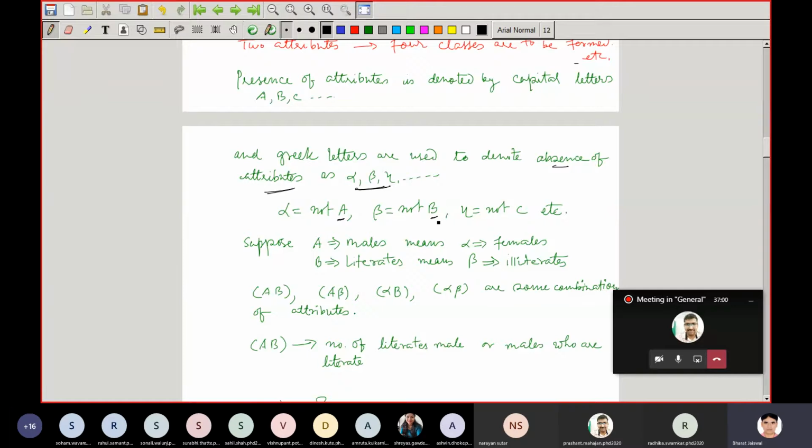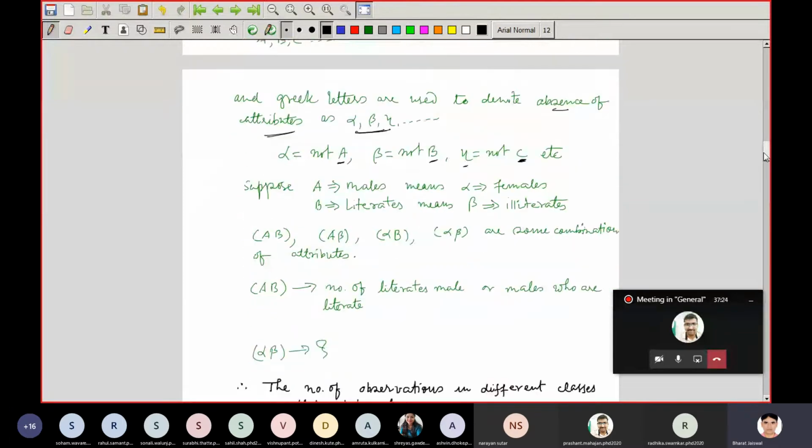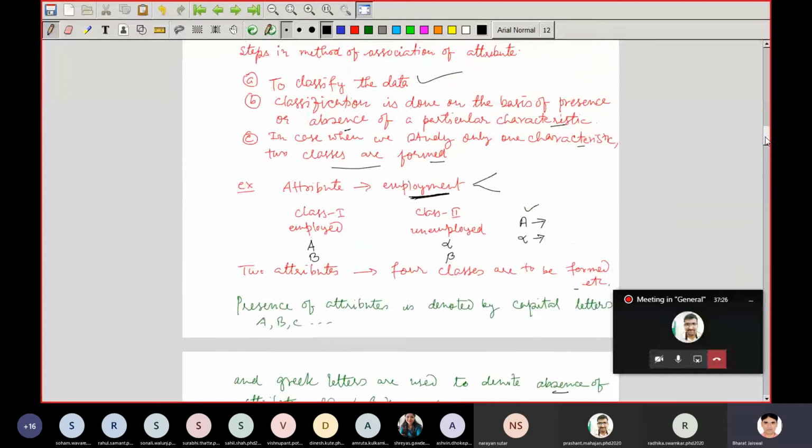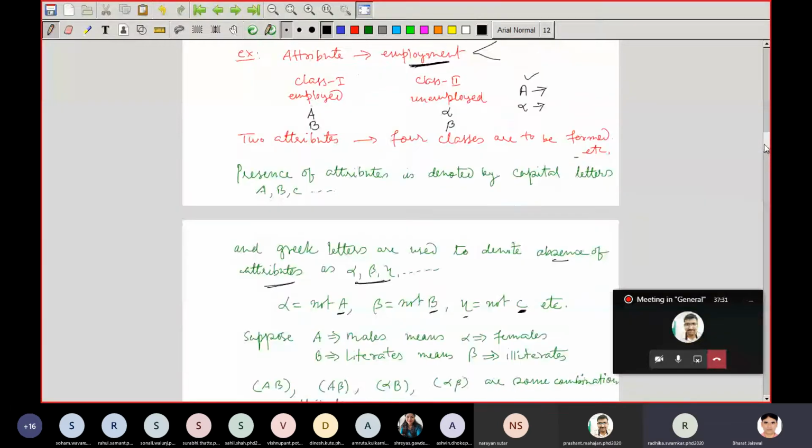If B is beauty, beta will be ugly, you can say not beauty means ugly. And suppose C denotes illness, then gamma will denote healthiness. So this type of description will be taken, and these are some standard notations that we are going to use. Getting it, students? Yes, sir.